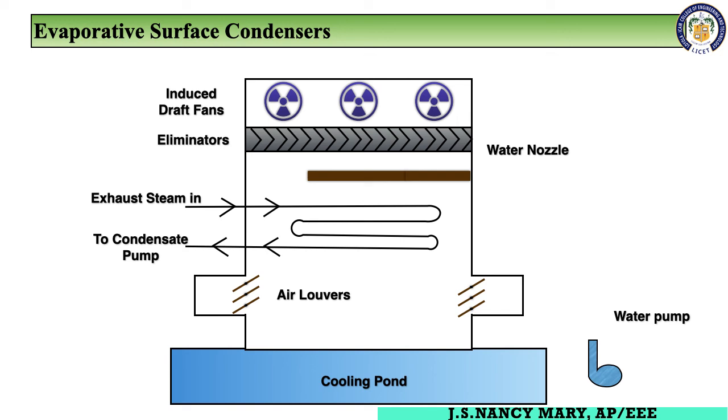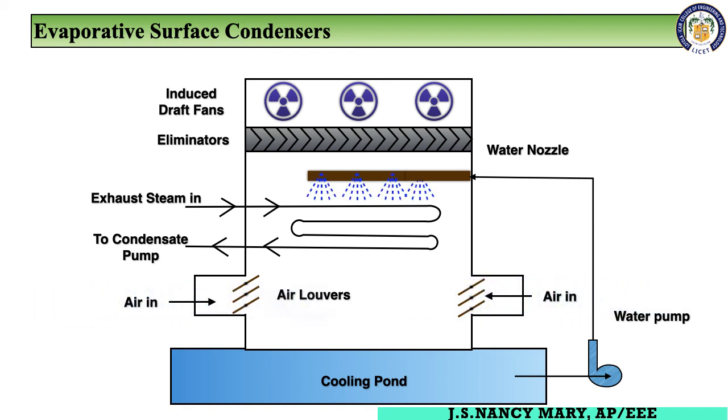The black color line which I am showing there is the tube, where you get the steam and you are going to give it to the condenser. So here the water is pumped from the pond and poured over the tube. The condensate is collected at the bottom. That's it. Thank you.